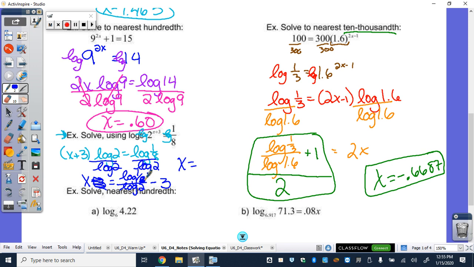Log of 1/8 divided by the log of 2, and then subtract 3. What do we get? Negative 6.